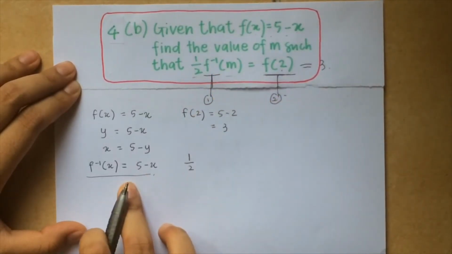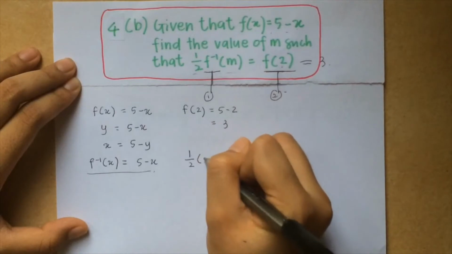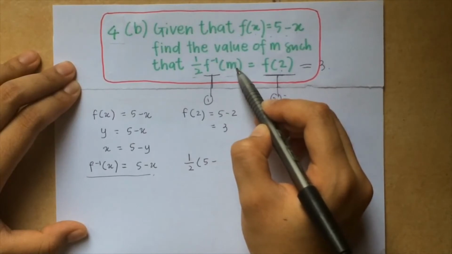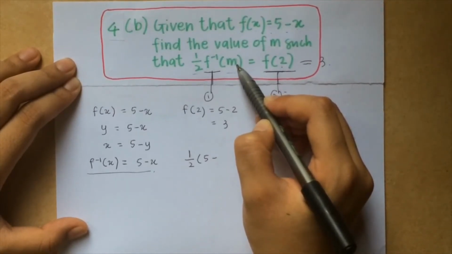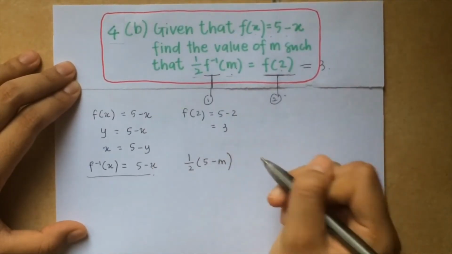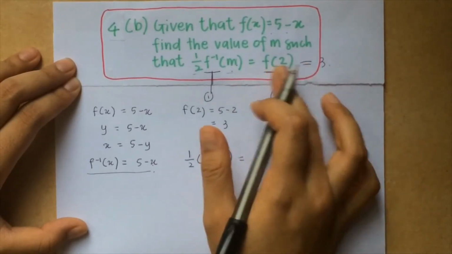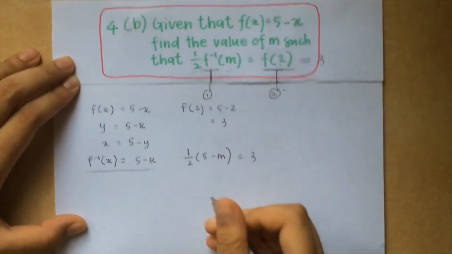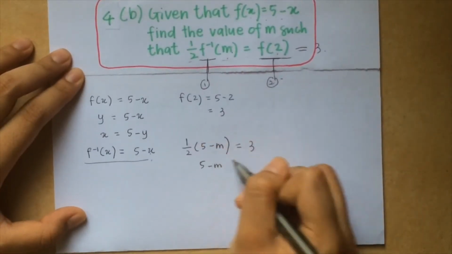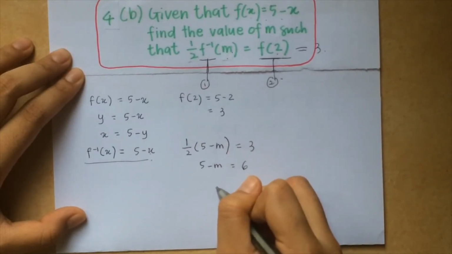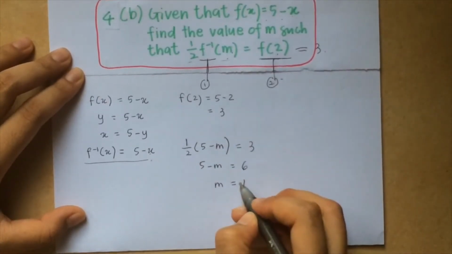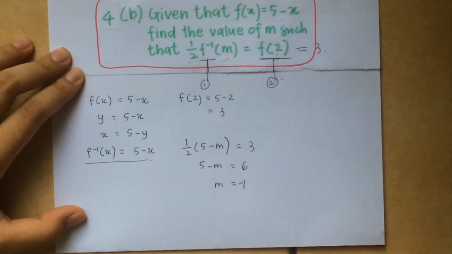We will use this function f(x) equals 5 minus x, and then m here is to symbolize the x, so we just need to substitute m into x. So f(5 minus m) equals f(2). The product is 3. So just simplify everything. 5 minus m equals 6, and search for the value of m. m equals 1. So this is the answer.